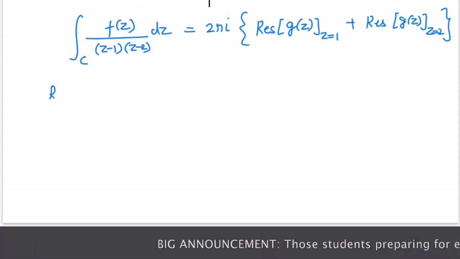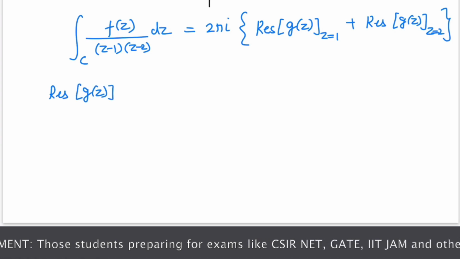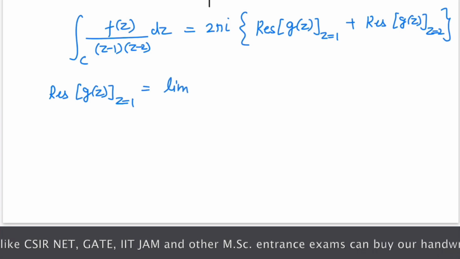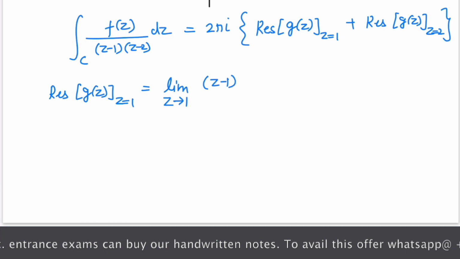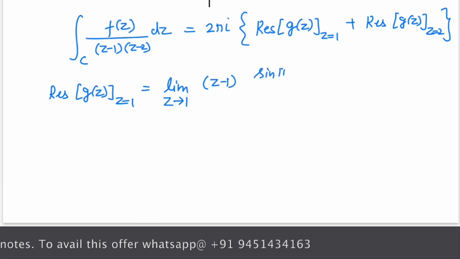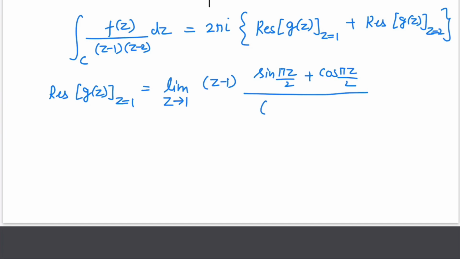So residue of function g of z at z equals to 1, this will be limit z tends towards 1, z minus 1, and g of z is sin pi z over 2 plus cos pi z over 2 over z minus 1 into z minus 2.